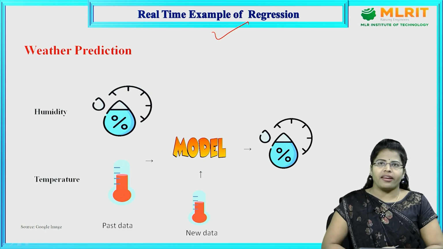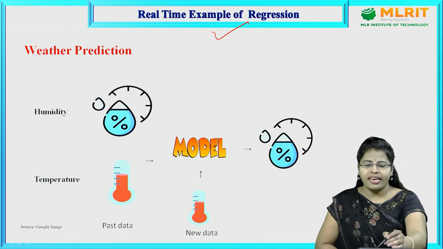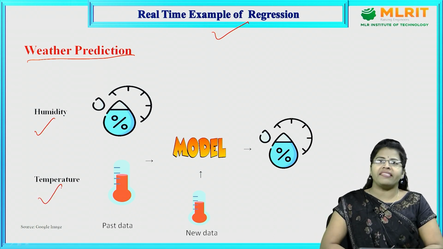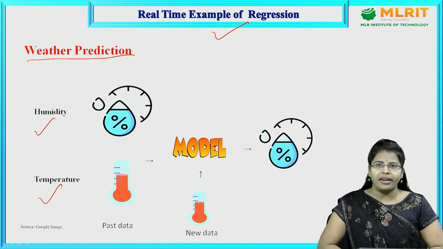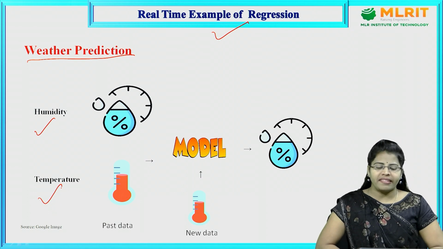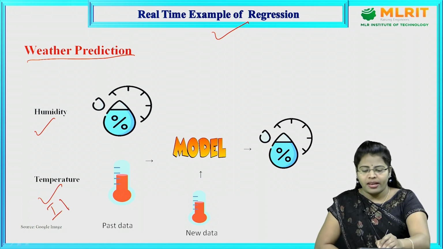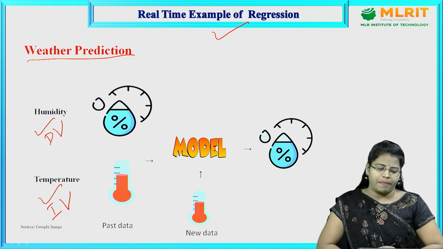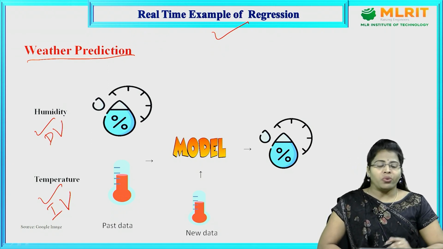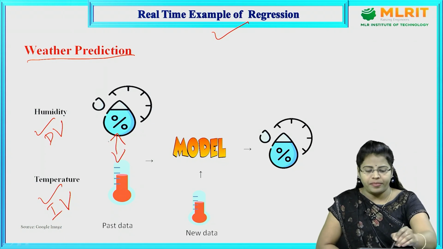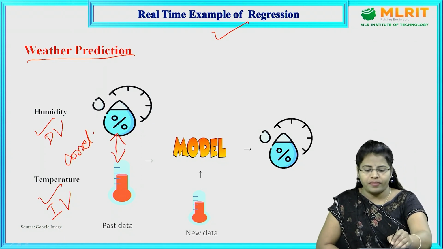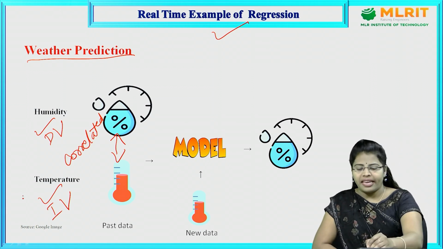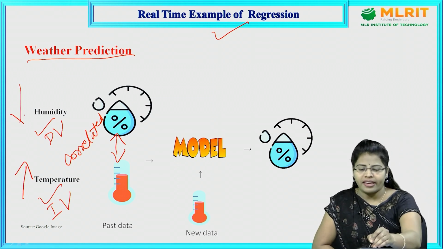Weather prediction. As you can see in the image, we have two variables, one is temperature and one is humidity. The temperature is the independent variable and the humidity is the dependent variable, for example. They are correlated, like when the temperature increases, humidity decreases.